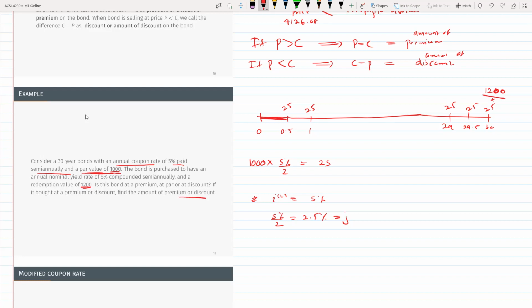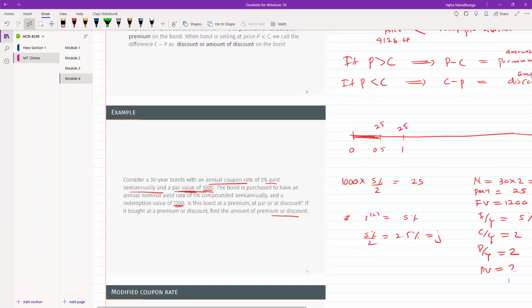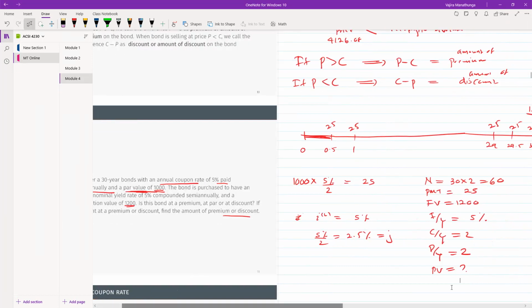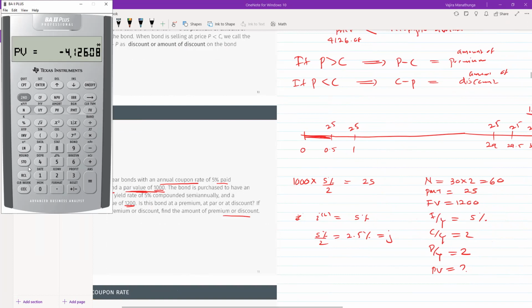Okay, so let's first find the price. You can see N is 30 times 2, 60. Payment is 25, and the future value is 1,200, and the rate is 5%, but then you compound twice per year, and the payment is also twice per year. And then we want to know the present value. So let's use our calculator and see whether we can get the answer. Reset.